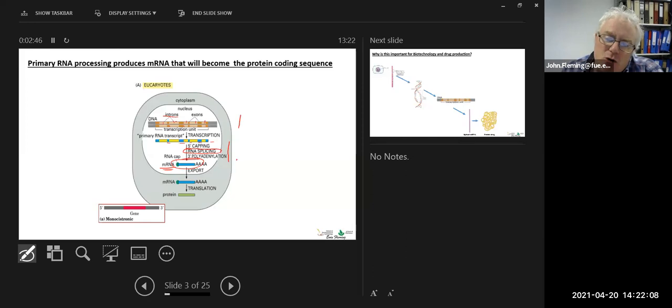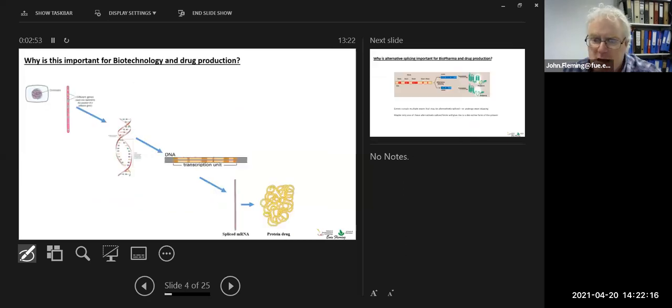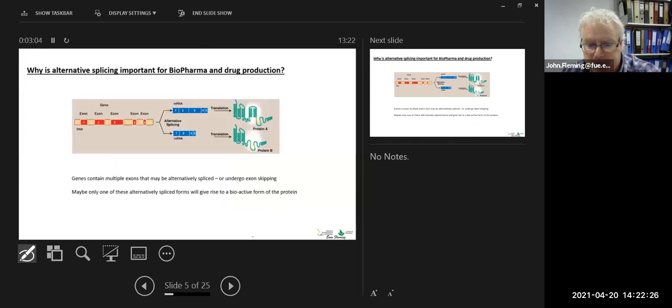It is the nucleotide sequence in the spliced mRNA that gives rise to an amino acid sequence in the protein. So when it comes to making a protein drug from a eukaryotic protein, we need to be aware of this splicing that goes on.